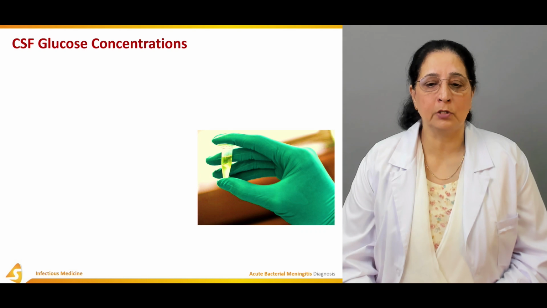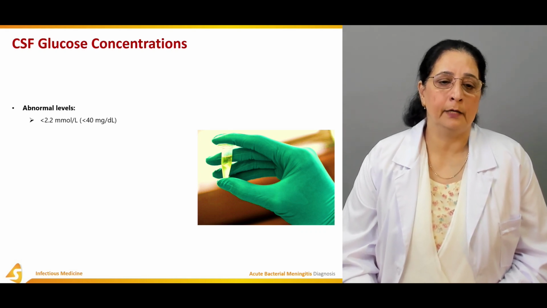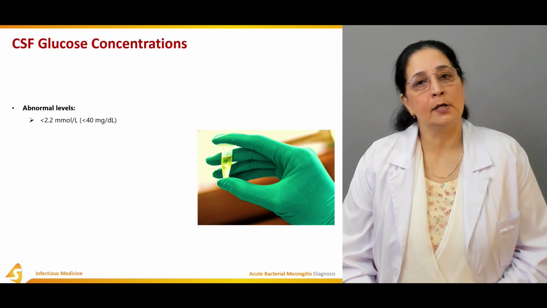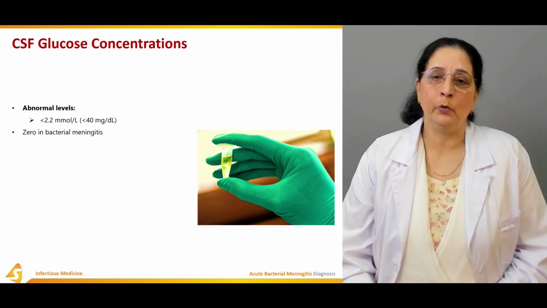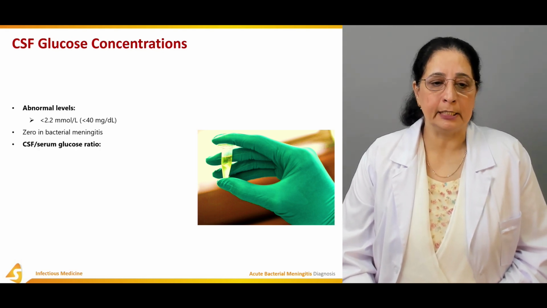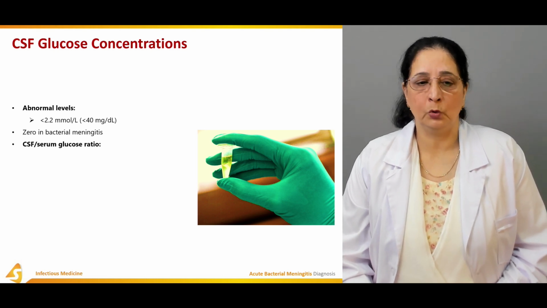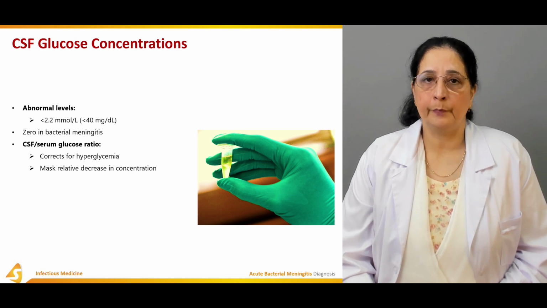Next, the glucose concentrations. Abnormal levels are less than 2.2 or less than 40 milligram per deciliter; it is zero in bacterial meningitis. The CSF serum glucose ratio should be corrected for hyperglycemia.